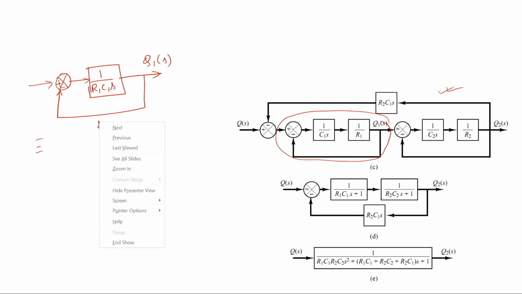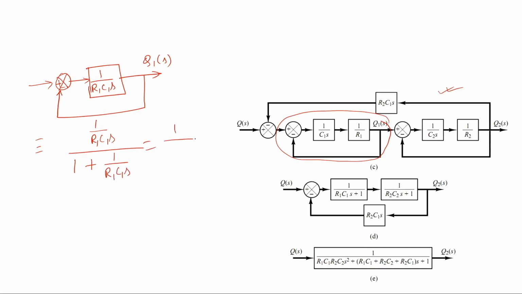Okay, that formula I am going to apply. So, G1 means 1 by R1 C1S, G by 1 plus GH gives 1 by R1 C1S plus 1. So, that is given here. Similarly, for this particular branch you will get 1 by R2 C2S plus 1, and this is as usual R2 C1S. Now, in this case these two will be multiplied because these two gains are in cascade.